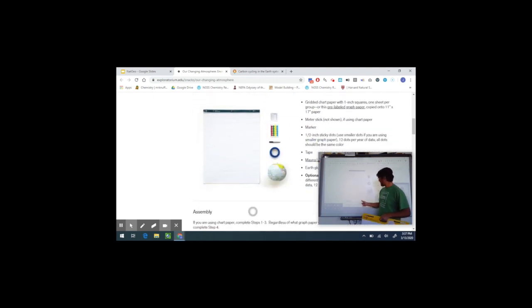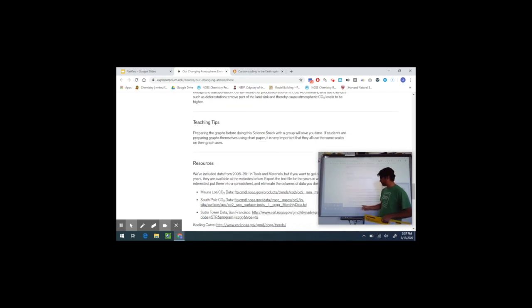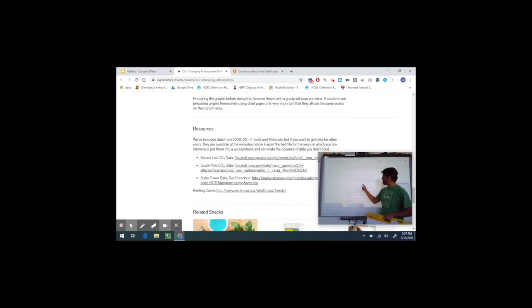So all of the data was found right about here on the bottom. Mauna Loa CO2 data, actual government data looking at carbon dioxide in both Mauna Loa on Hawaii and at the South Pole. We use giant pieces of graph paper to do that. Sticky dots. It's pretty awesome. I think so. You'll have to judge for yourself, I guess.